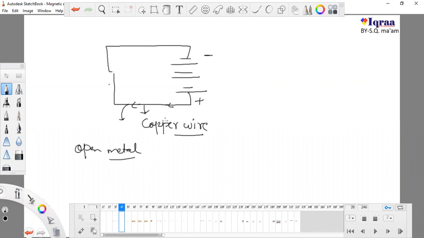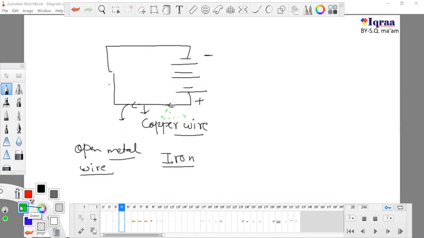Whenever you put some iron or whatever metal you use, sometimes it is better to say iron flakes, near this open metal wire, which is clear metal not coated with any insulator, and electricity is conducting, what happens is that this iron will get attracted towards this copper wire.